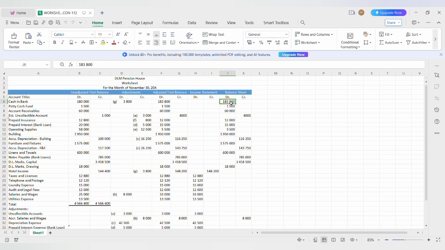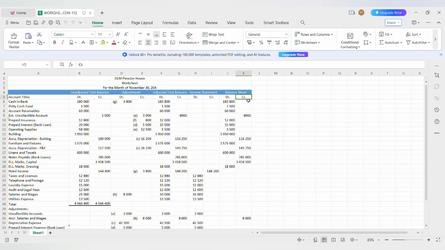As you can see on the screen, the accounts cash in bank, petty cash fund, accounts receivable, prepaid insurance, prepaid interest, operating supplies, building, furniture and fixtures, linens and towels, and drawing are allotted on the left side because their normal balance is debit.